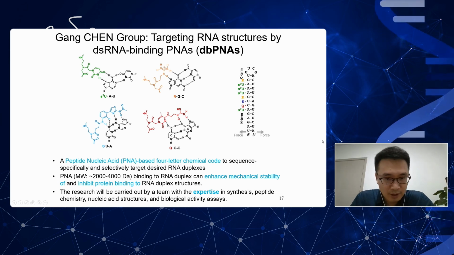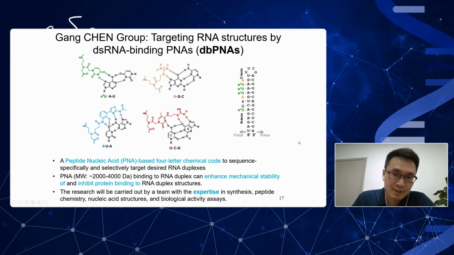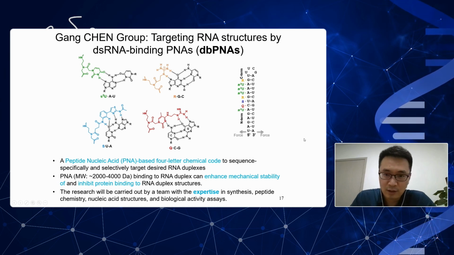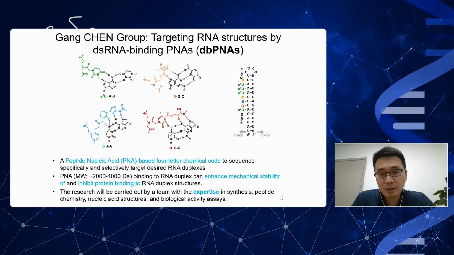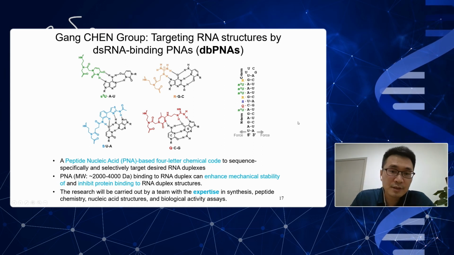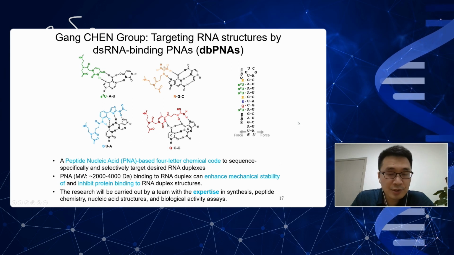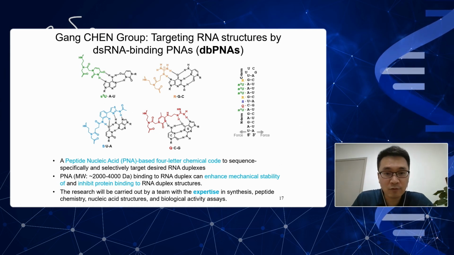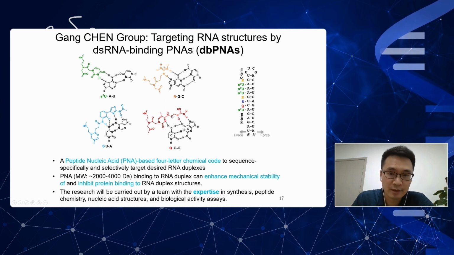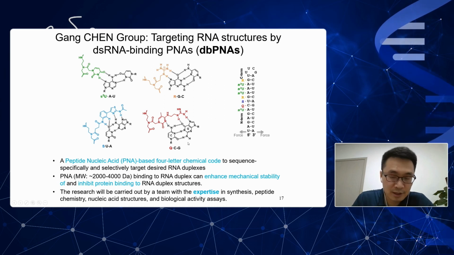Basically, it can be summarized in this slide. We have a piece of RNA, which can have a duplex region. If we consider the orientation of the base pairs, we will have 4 base pairs: the AU base pair and UA base pair, and the GC pair and the CG pair.